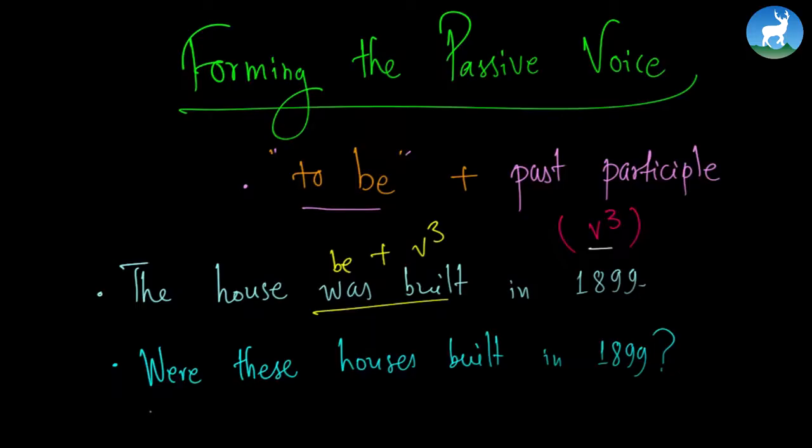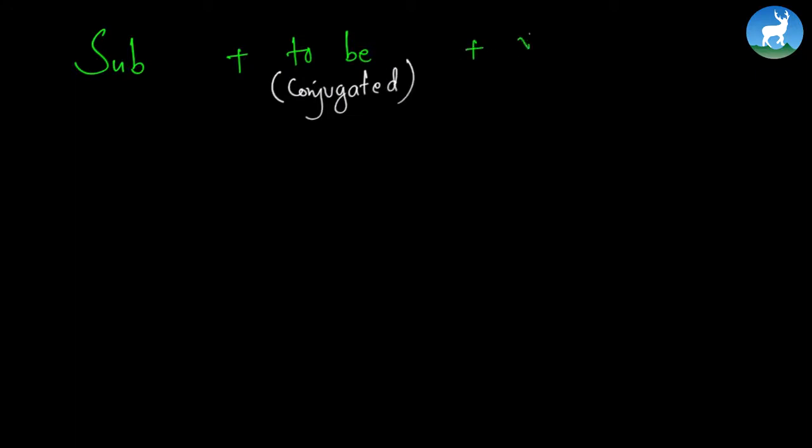In the second example, were is a be verb, and built is a past participle. So that is the passive form. Now let me give you some examples and some rules. First, we need the subject. Then we need to be in a conjugated form. Then we need a past participle or V3. Then we'll need the rest of the sentence.